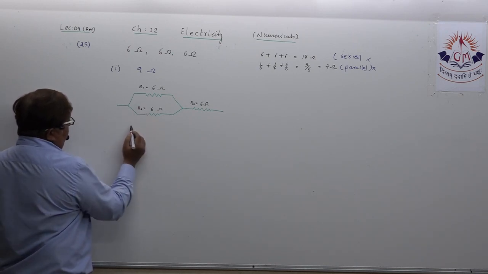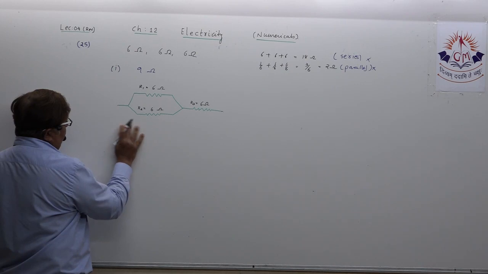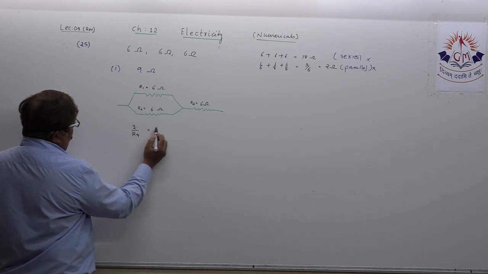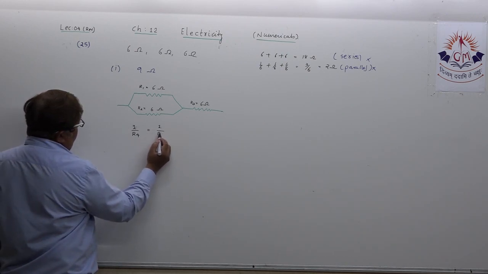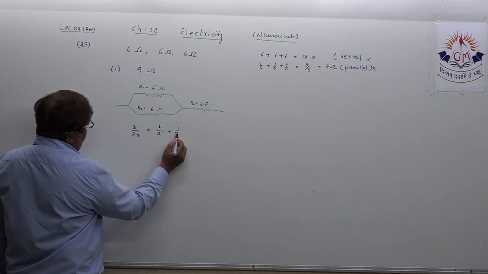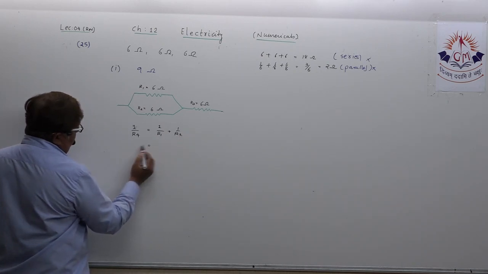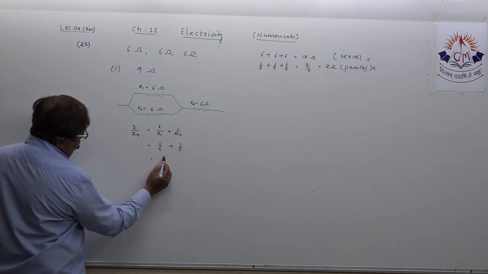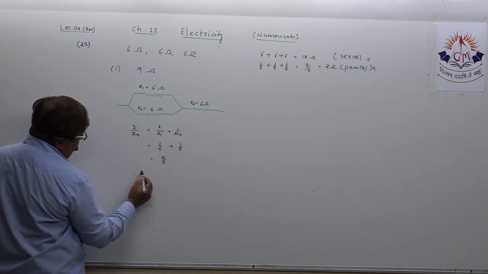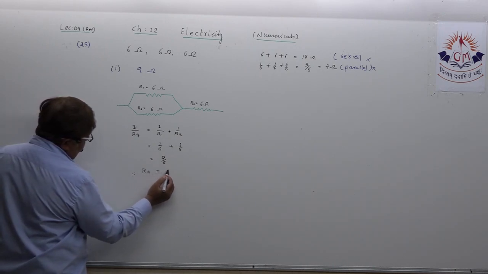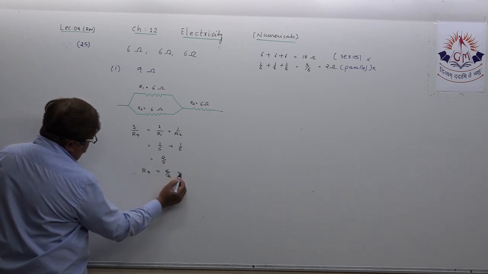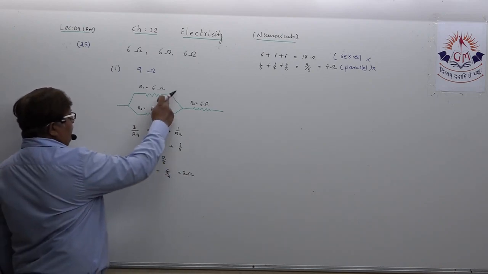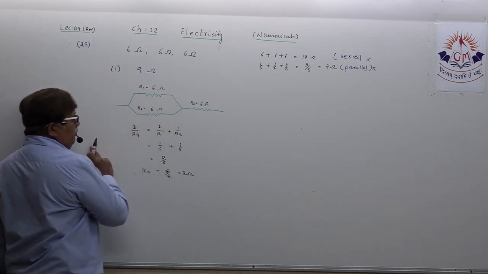So I will write 1 upon R4 equal to 1 upon R1 plus 1 upon R2. So 1 upon 6 plus 1 upon 6 is 2 upon 6, just reciprocalize it, 6 upon 2. What you got? 3 ohm. So the equivalent resistance of this is 3 ohm.